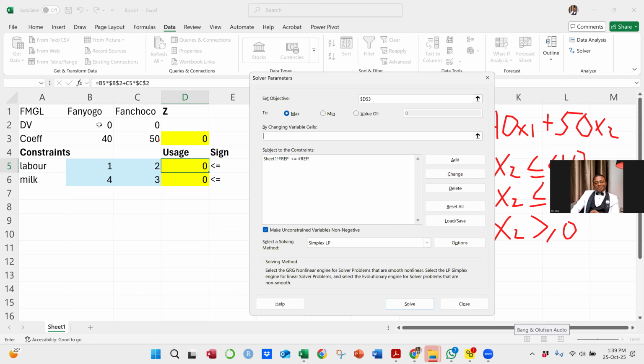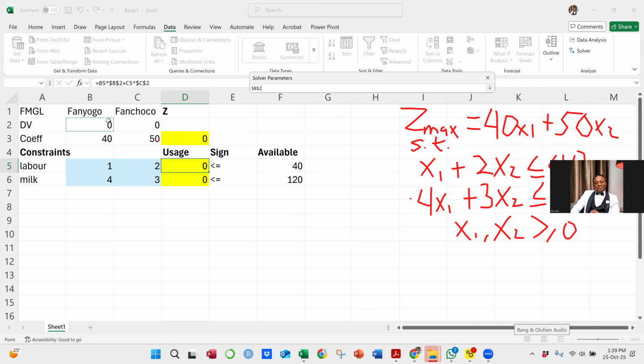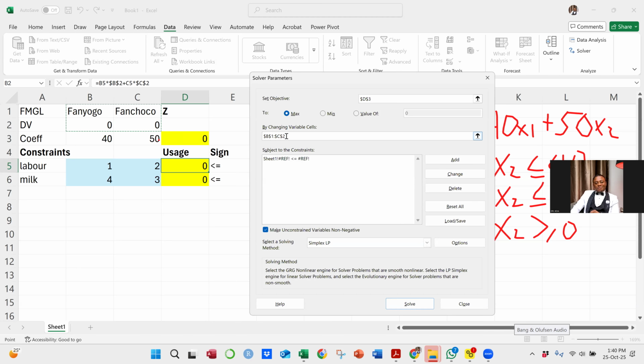You're going to select the first one, 0 for fungible, and drag it to fungible, just as I'm doing. Once you do that, these cells will be collected into the by changing variable cells. The reason why they are changing is because the values are not known yet, and the values will change.